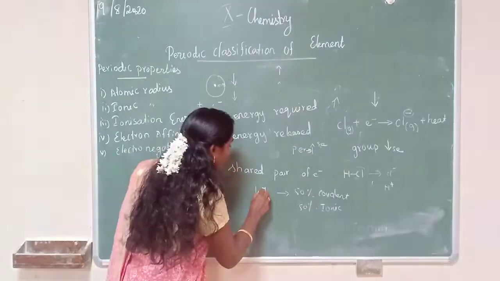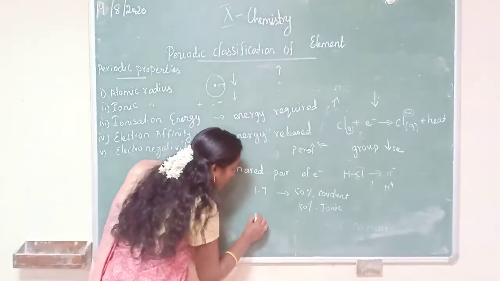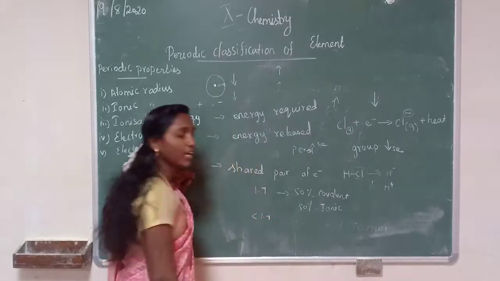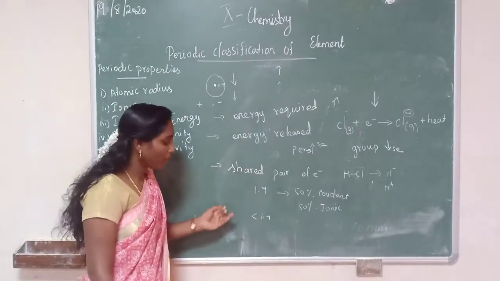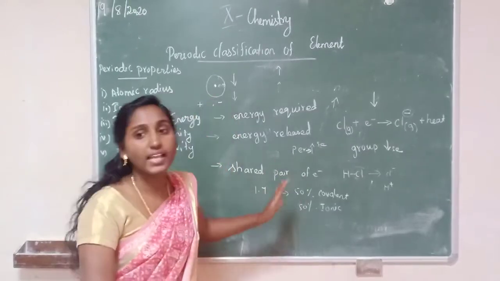If the electronegativity difference is less than 1.7, the bond must be considered as covalent in nature.